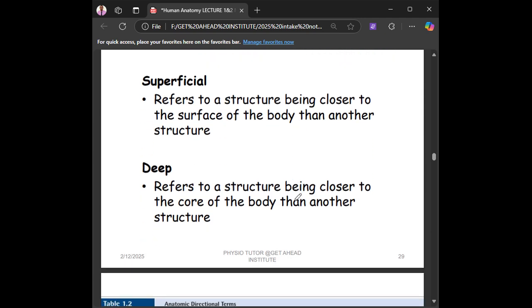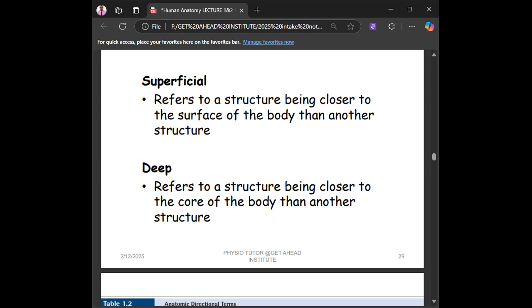Then we also have what we call superficial and deep. Superficial refers to a structure being closer to the surface of the body than another structure, in other words, towards the external surface of the body. For example, the sternum is superficial to the heart because the sternum is closer to the external surface of the body compared to the heart.